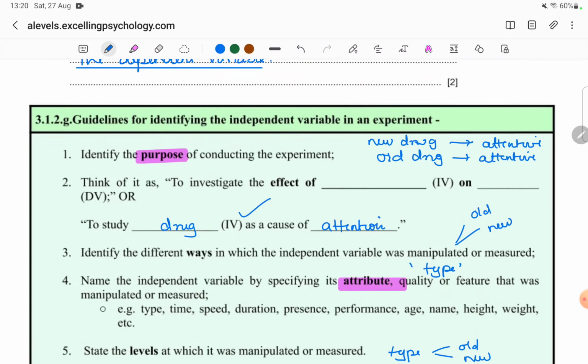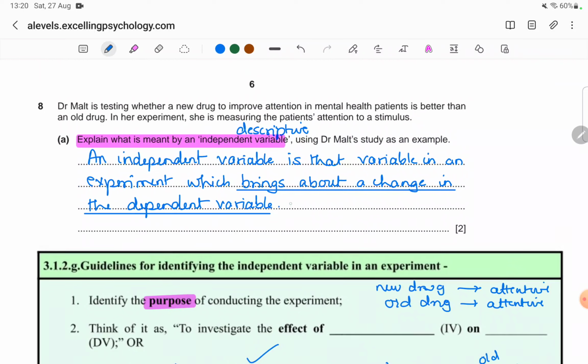Okay, I'm ready to write my answer. So I'll just continue here and write. For example, in Dr. TM's study, I wish they would give a little more space here. The independent variable, I forgot to abbreviate independent variable earlier. If you've done that, you can just write IV.